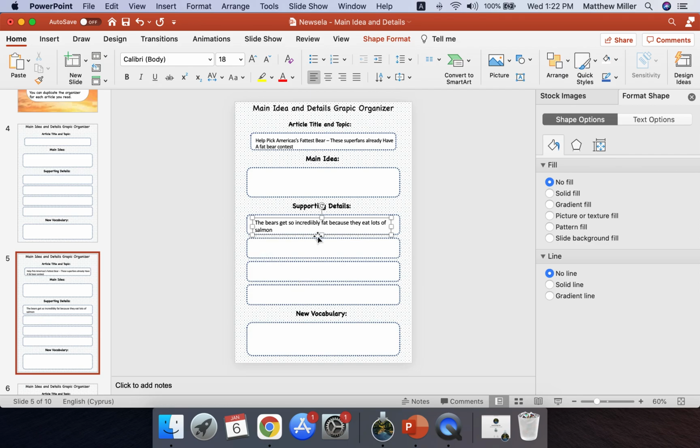And let me add to that. They have a contest. Okay, let's see. Who's they? Katmai National Park has a contest. And okay, how do they judge all this?